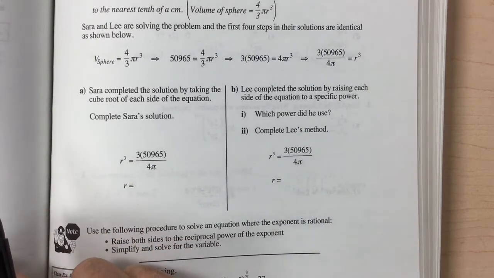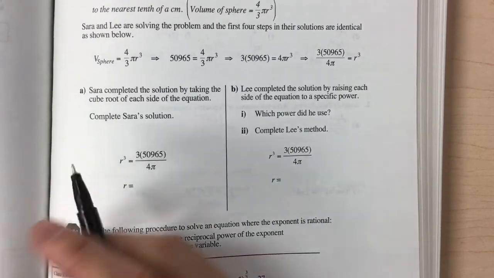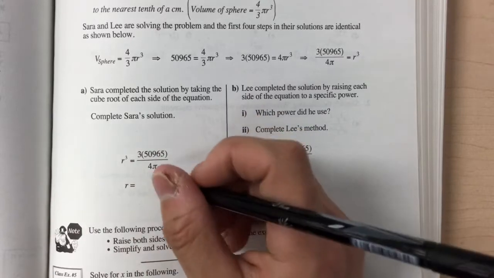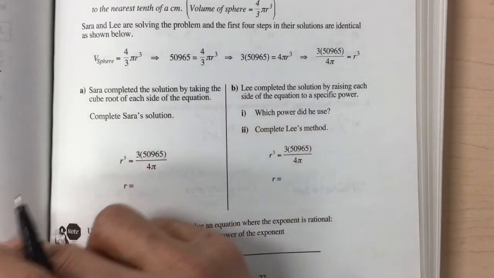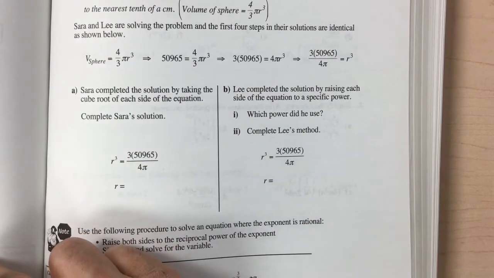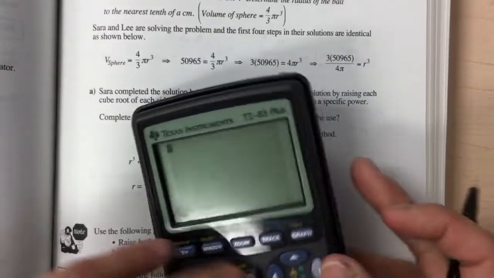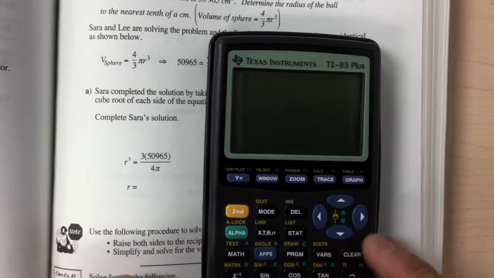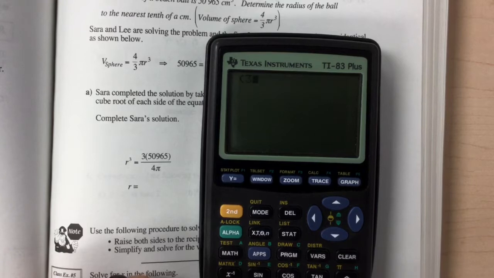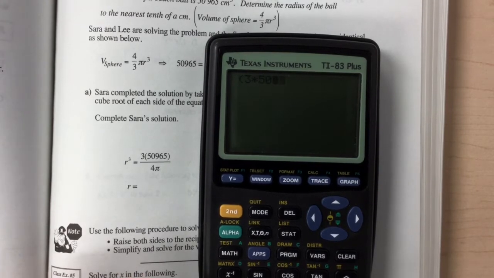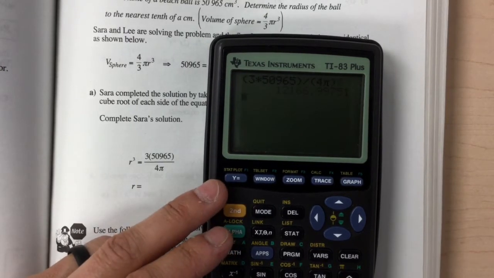So what Sarah does is she takes the cube root of each side of her equation. When she takes the cube root of each side, what she ends up getting is something like this. So first of all, she has 3 times 50,965 divided by 4 pi.